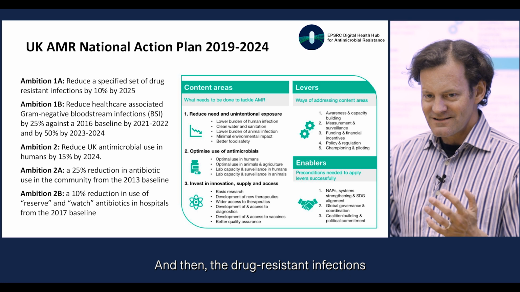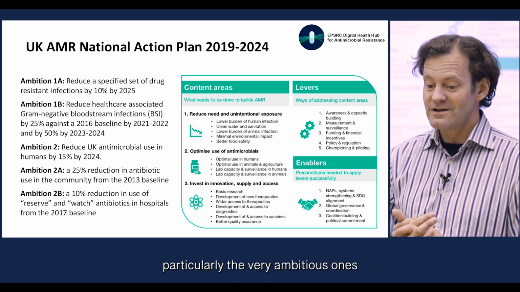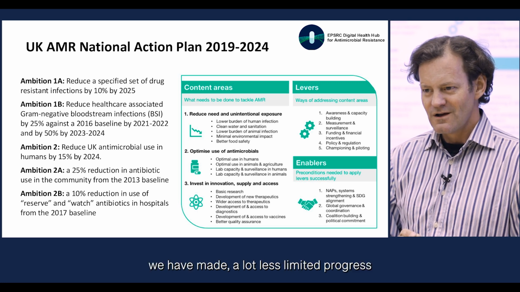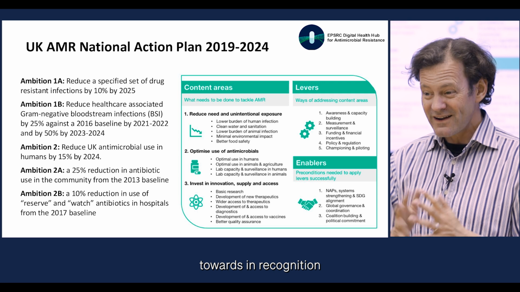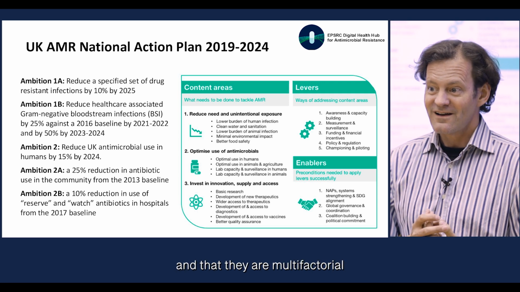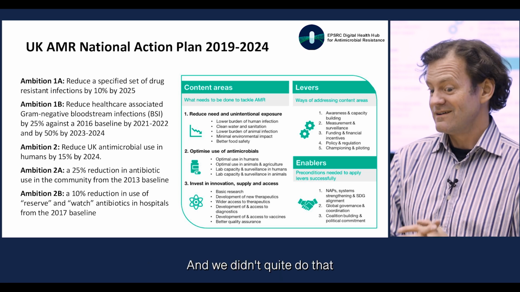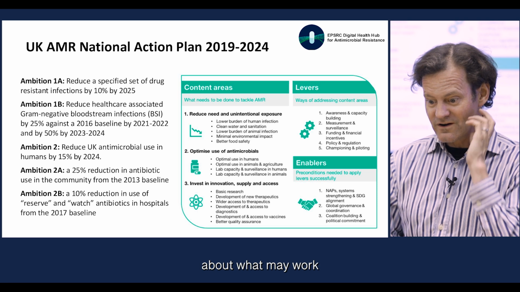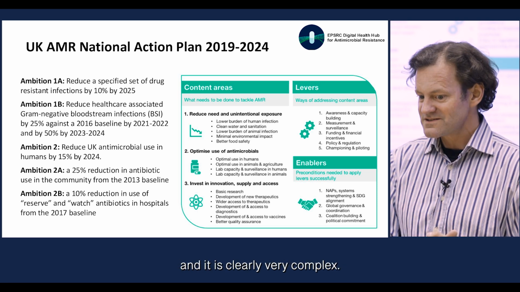And then the drug-resistant infections and the healthcare-associated infections, particularly the very ambitious ones for 1B, about the 50% reduction, we have made much more limited progress towards, in recognition that these are very complex asks and that they are multifactorial in terms of how best to achieve our goals, and we didn't quite do that in the last 5-year National Action Plan. But we have learned an awful lot about what may work in terms of progressing with the next one, and it is clearly very complex.